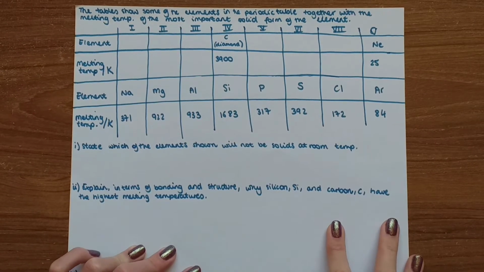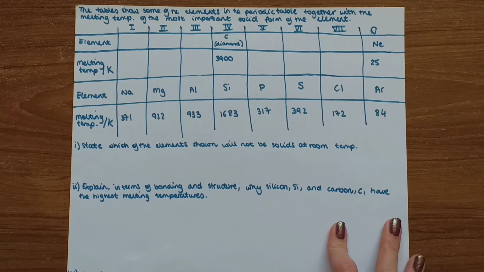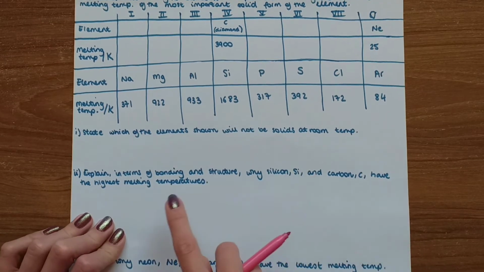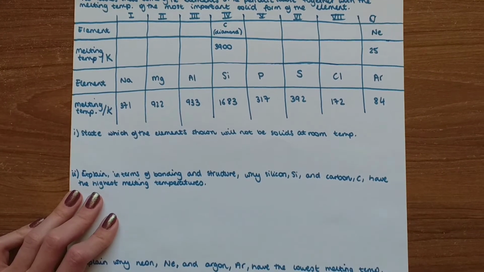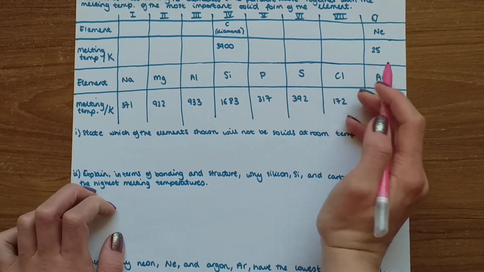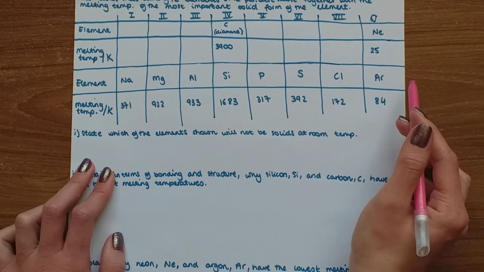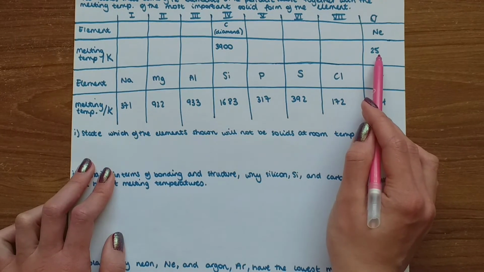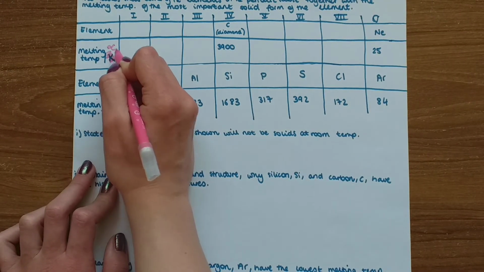Okay, next question. The table shows some of the elements in the periodic table together with the melting temperature of the most important solid form of the element. State which of the elements shown will not be solids at room temperature. As you can see, for neon, 25 Kelvin. Sorry, I think that should say degrees Celsius.